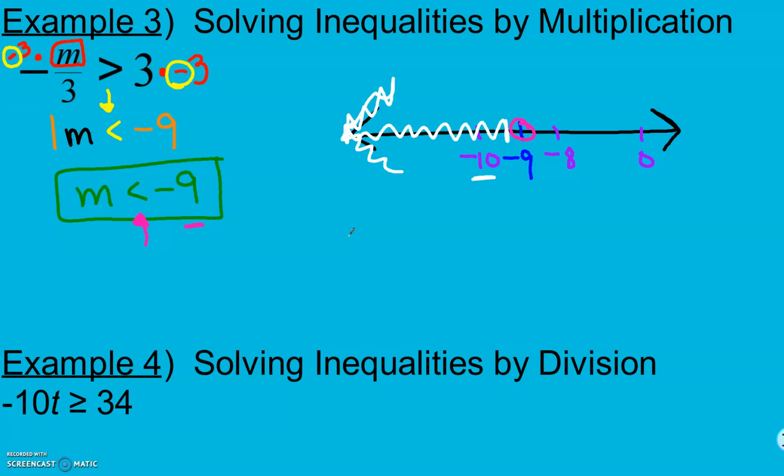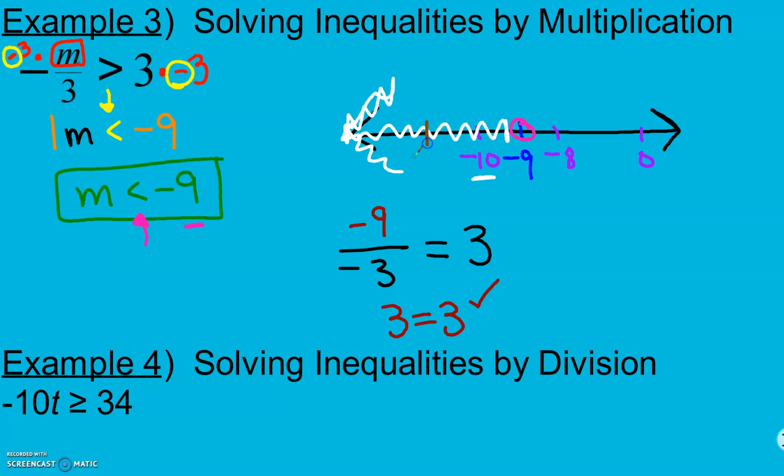First thing I'm going to do is check my boundary point. So negative 9 is that boundary point. I'm going to divide by that negative 3, and it should equal 3. Here, negative 9 divided by negative 3 is 3. It equals 3 and checks. The second thing we want to check is to see if our shading is right, if our inequality is right.